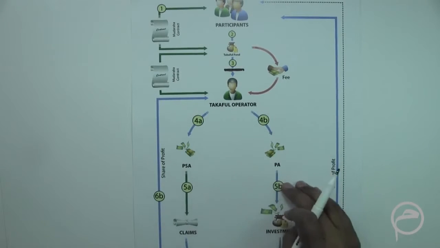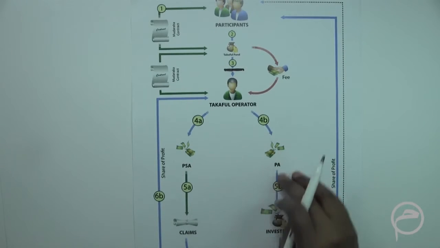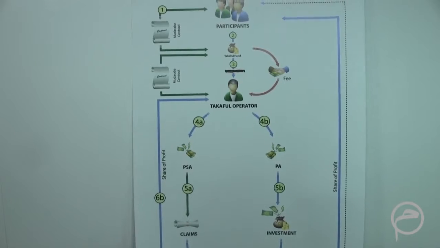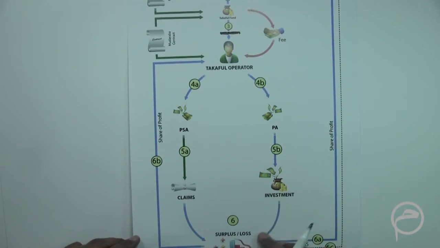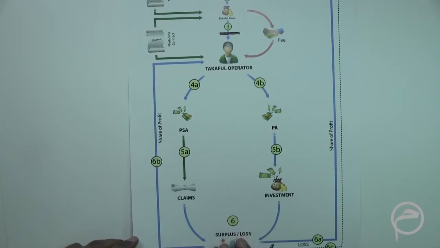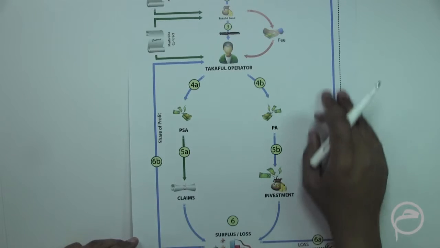by using the funds in the participant special account. The fund in the participants account is used to make investments in Sharia compliant businesses, and whatever profit or loss is received is reflected in the end surplus.